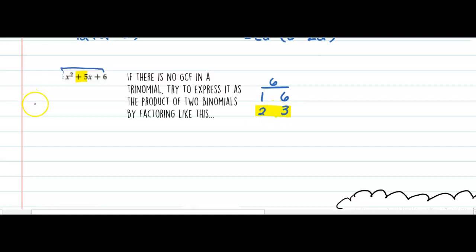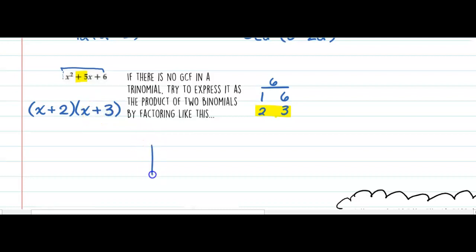I'm going to put that into my parentheses. We're basically unfoiling this. We're breaking it down into the 2 binomials that it used to be before we multiplied them together to get this trinomial. So I would have an x, a positive 2, and a positive 3.